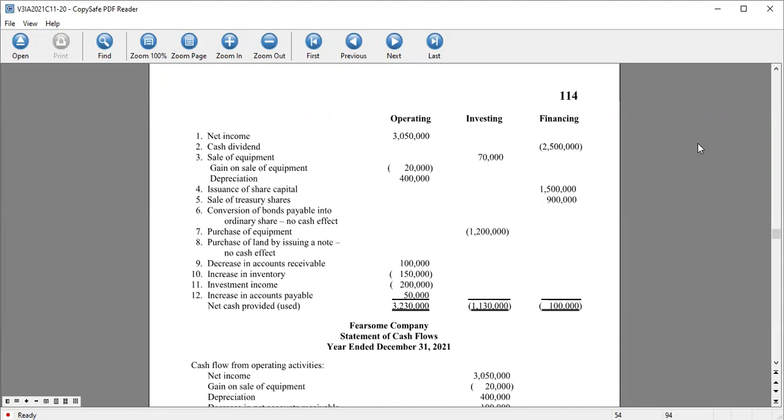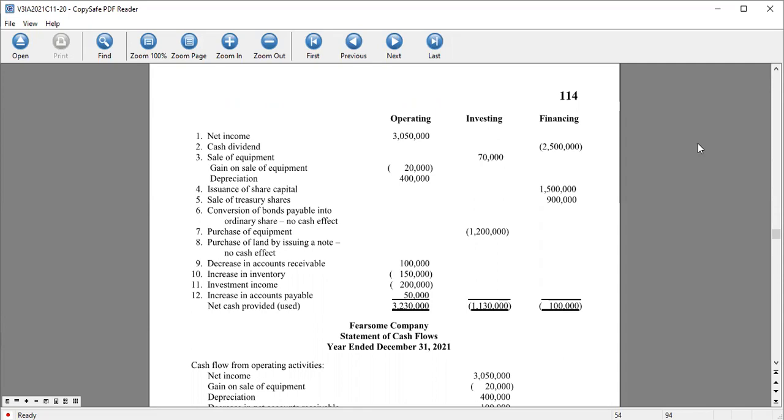However, the alternative is that dividends paid may be classified as operating cash flow. Now we have cash dividend paid this time deducted among the financing activities, deducting 2.5 million.